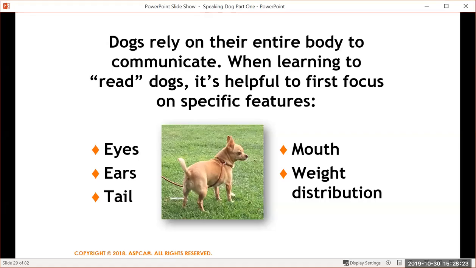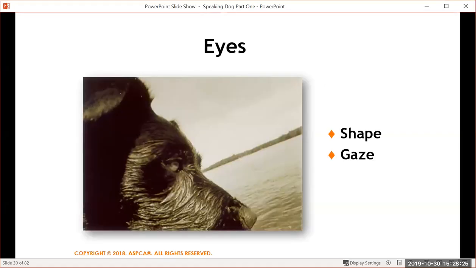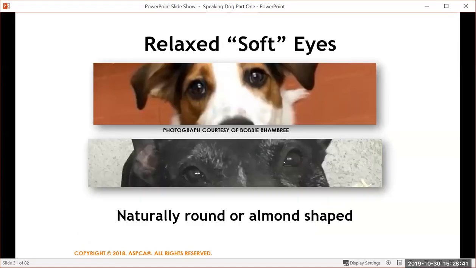So let's talk about eyes. Next slide. Focus on eyes first. We've already talked a little bit about how that dog is looking directly at something or someone, and we've also talked about the shape of the eyes. So those are two things to pay attention to. Next slide. You often hear the term soft eyes, and basically soft eyes means that the dog is relaxed.